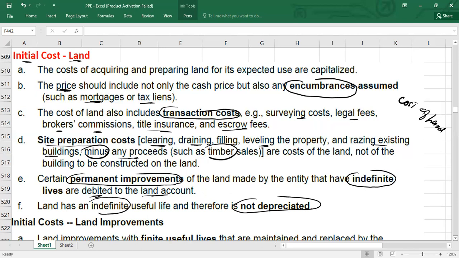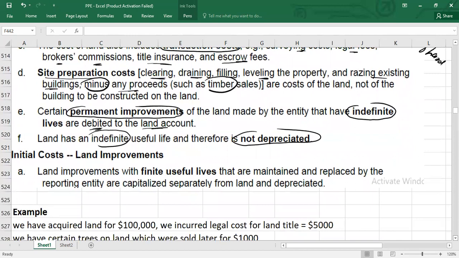Please remember, if you made any permanent improvements, say land improvements, that might have a finite useful life, then you need to record them as a separate asset, and you need to depreciate this separate asset over its useful life.